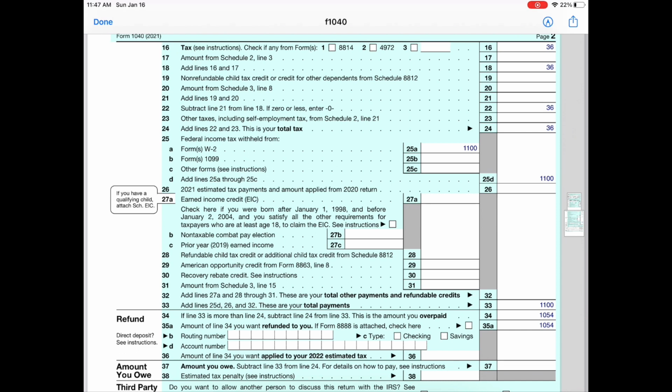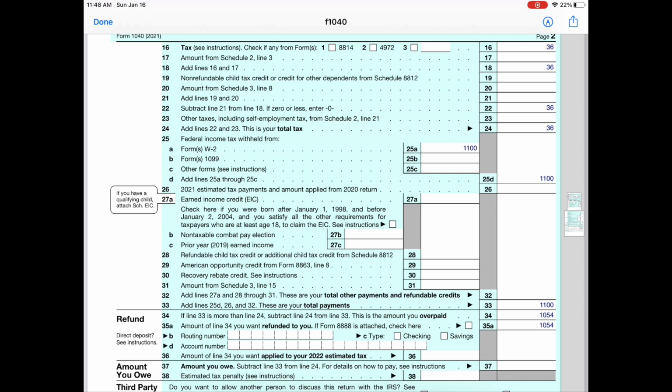But really, it's just a matter of reading and doing basic addition and subtraction, because a lot of these numbers, again, are coming straight from your schedules. They're coming from your W-2s. So it's not like a lot of this information takes a lot of number crunching or real critical thinking.